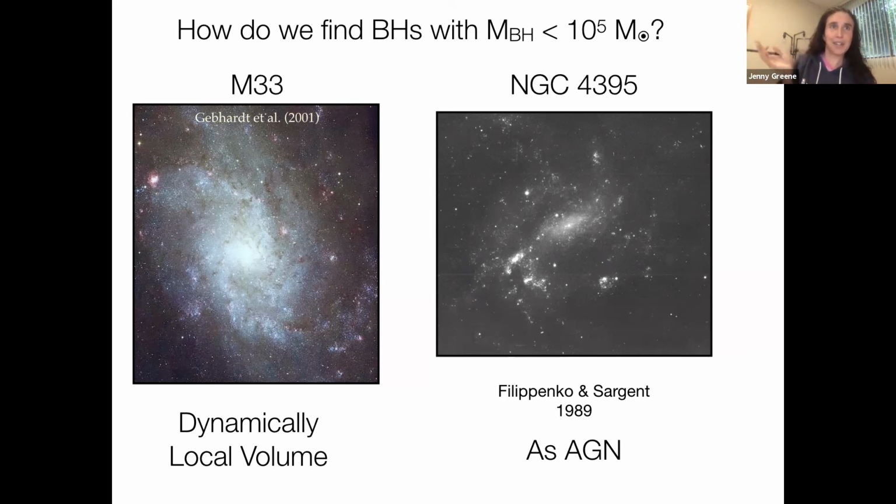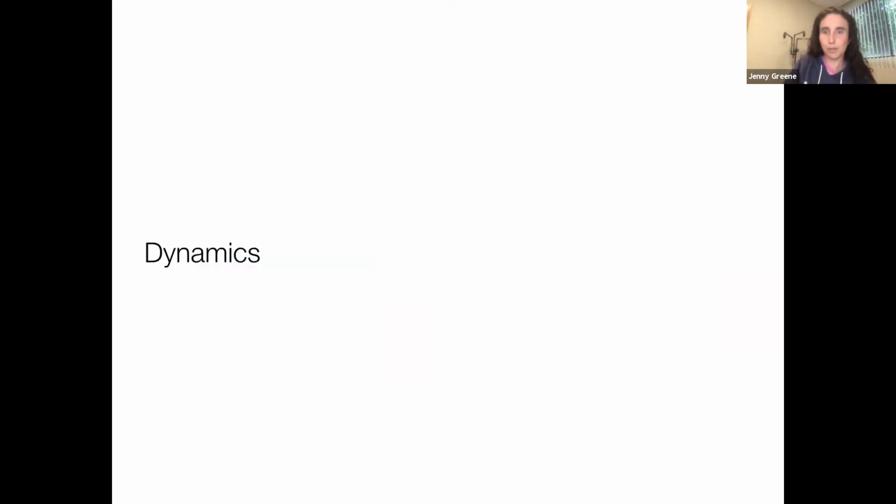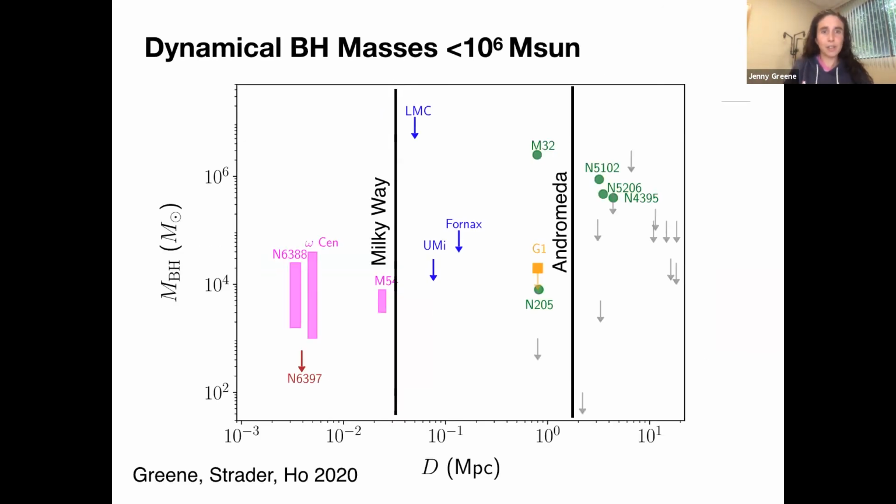So the question is, can we do better than these two galaxies? That's been the last 20 years of my life, and Anil Seth and Nadine Neumayer, I think, have answered it dynamically. So this is now every low mass stellar system within a little less than 10 megaparsecs for which someone has attempted to detect a black hole dynamically.